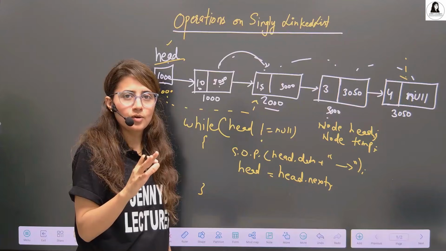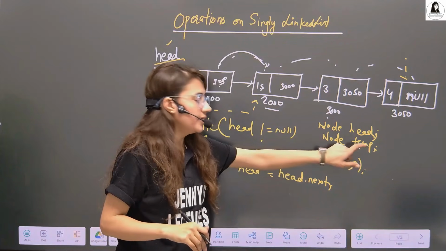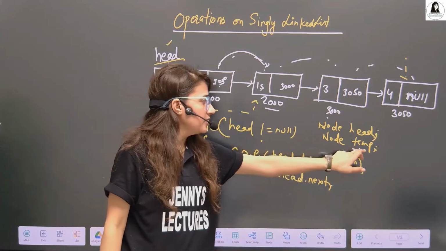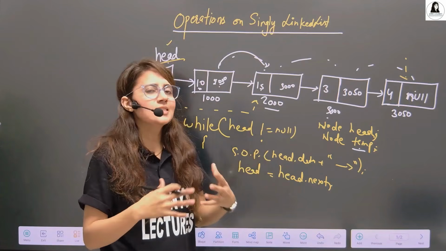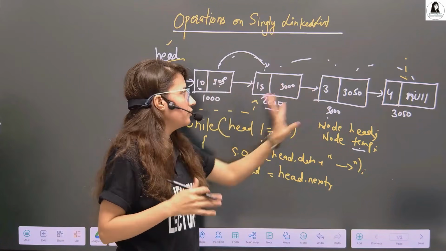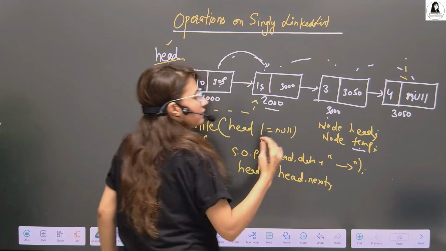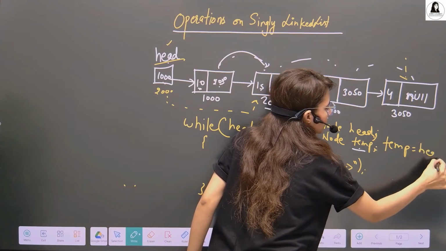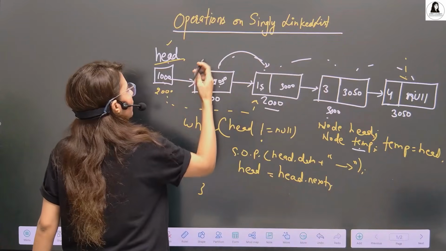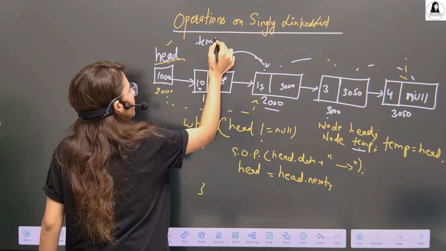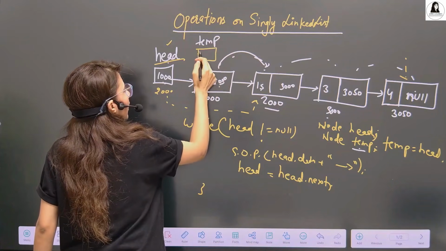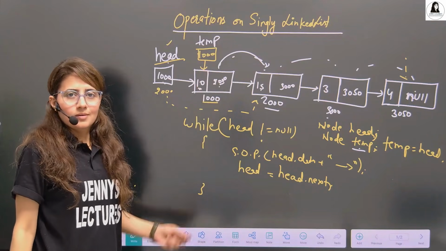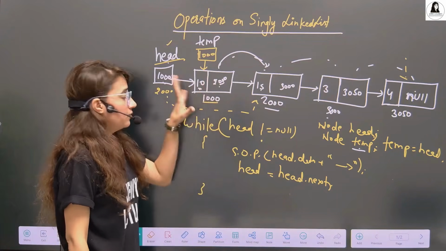We are not creating any node right now. Temporary, any name you can take, it's up to you, but basically a descriptive name is better. It's temporary. We are just taking it to traverse the list. So take it, and at first just assign temp is equal to head. That's it. So right now we have one more thing, temp, and this temp also has the address 1000 and is referring to the first node.